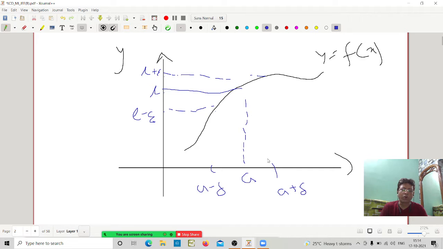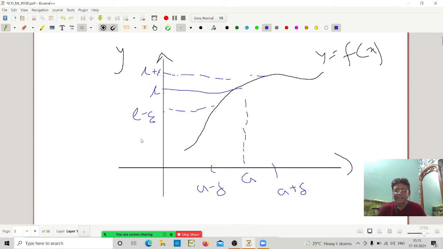Okay. So let f be a function. You see the graph. Let f be a function defined on an open interval containing a, except possibly at a, and let L be a real number.